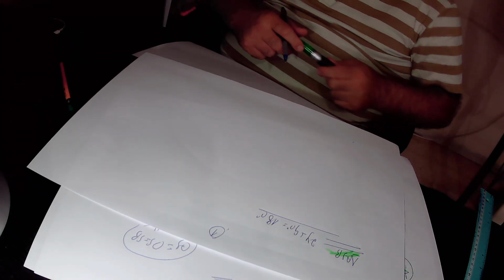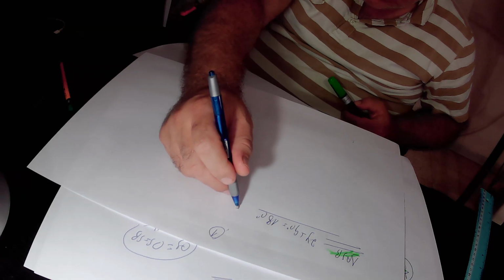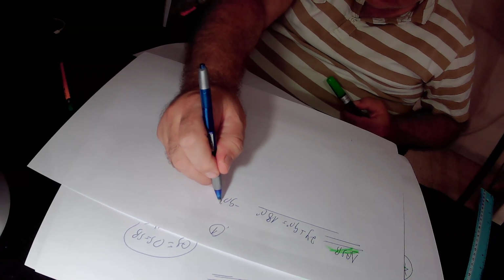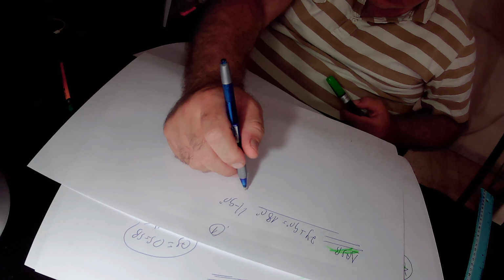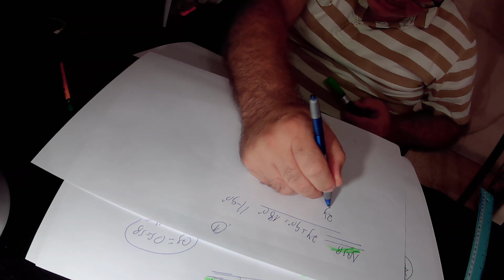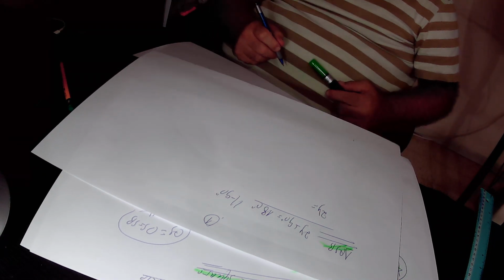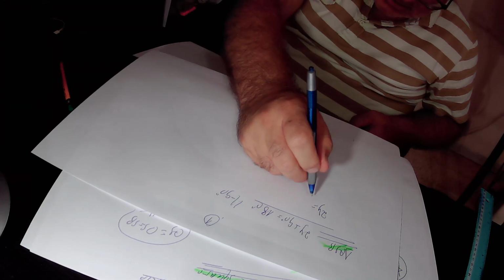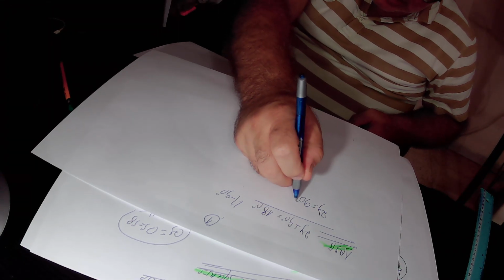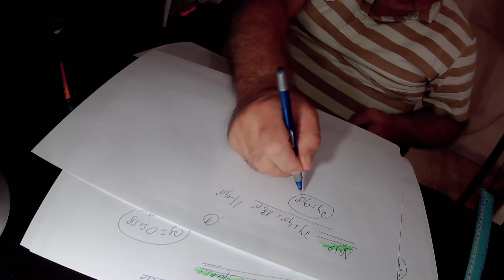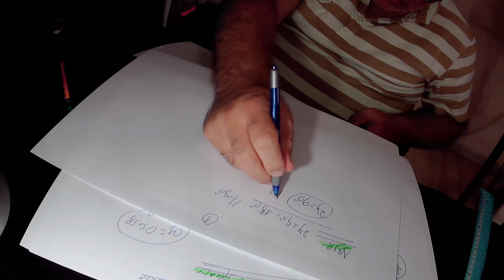Here we subtract 90 degrees from this equation, and you get that 2y equals 180 degrees minus 90 degrees, which is 90 degrees. 2y equals 90 degrees. Here we divide this equation by 2.